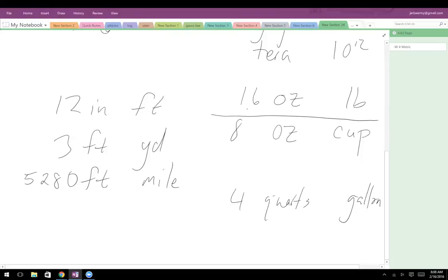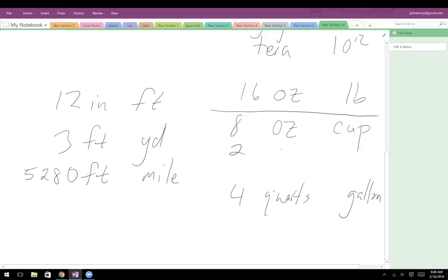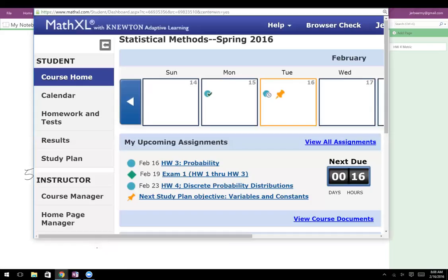You hear your 8 ounce glass of water every day. So that's a 1 cup glass of water. And then there's 2 cups in a pint, 2 pints in a quart. Anyway, hopefully you've seen them at some point in the past, but if not, they're not that hard.